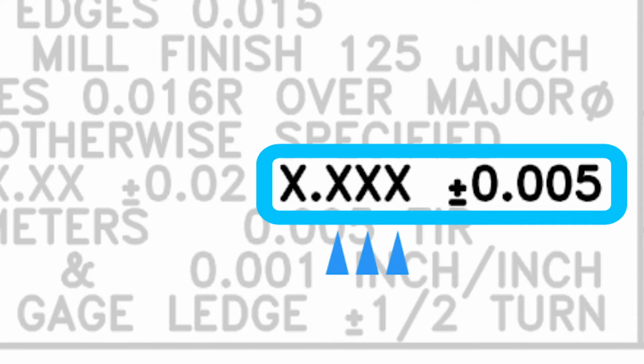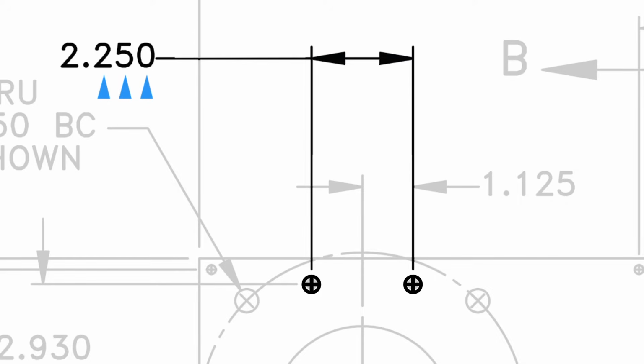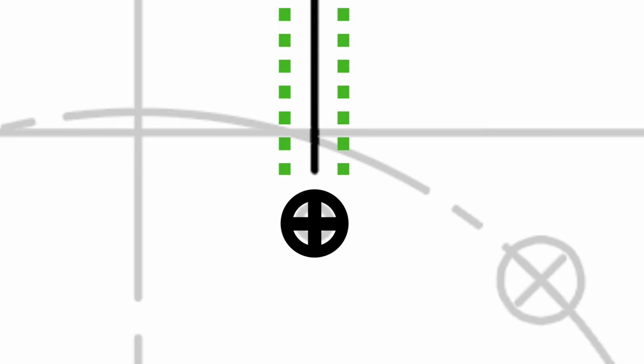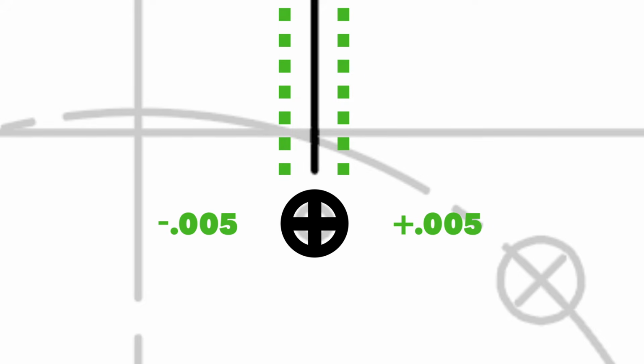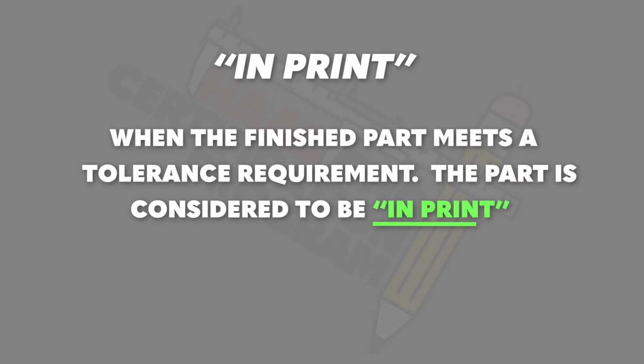We always shoot for perfection, of course, but the tolerance means that this hole doesn't need to be at exactly 2.250, but can float, if you will, 5 thousandths in this direction or 5 thousandths in this direction, and still be considered good. Think of this as a range or a window that this hole must fall within. When the finished part meets this requirement and falls within this range, we say that the feature is in print.